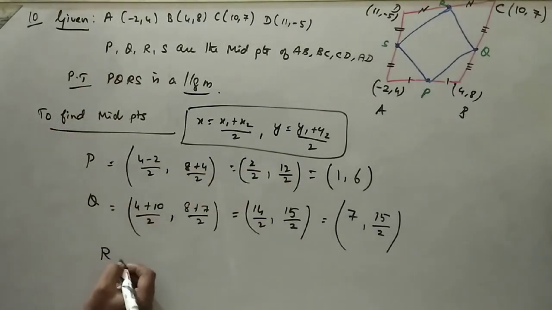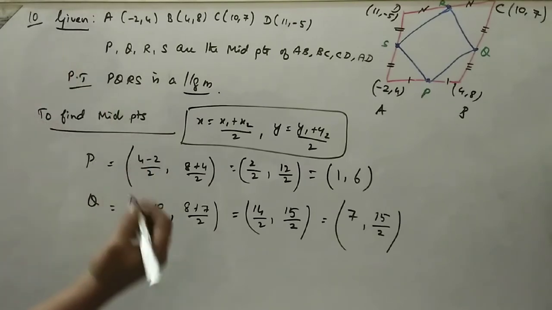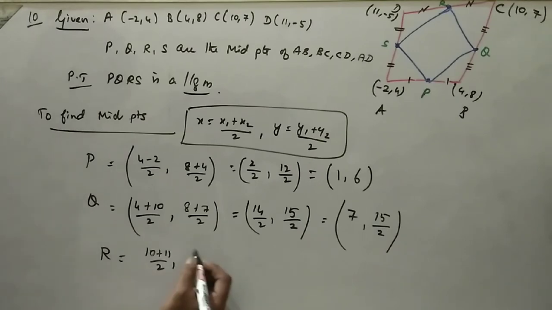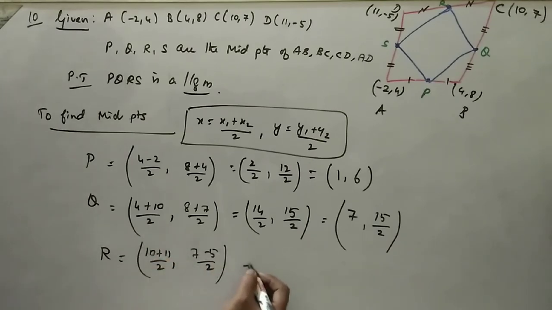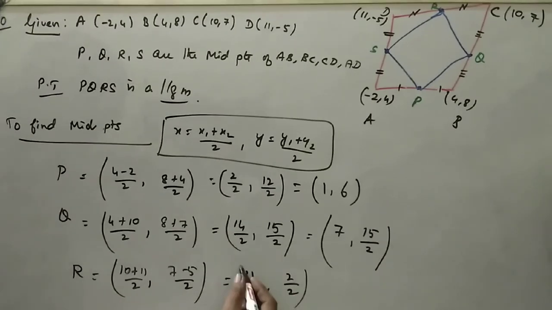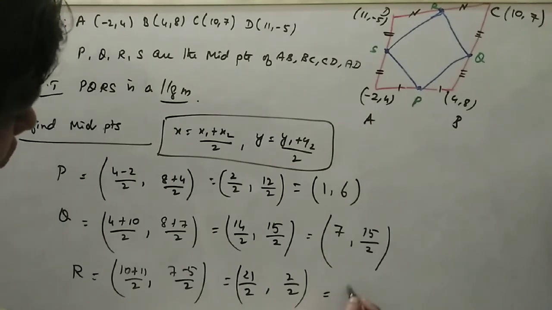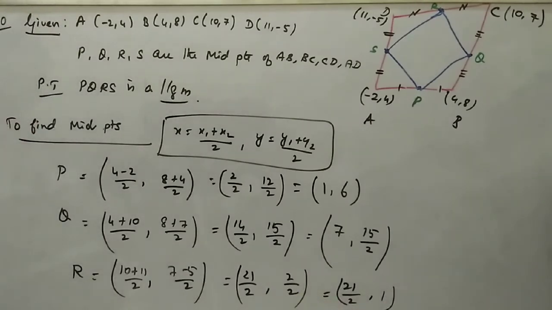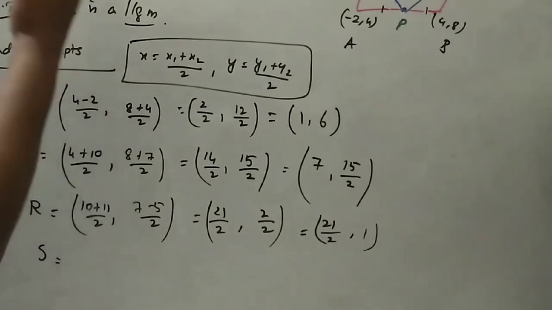Next R. (10 plus 11) upon 2 and (7 minus 5) upon 2. So you will get 21 upon 2 and 2 upon 2. So you will get 21 upon 2 and 1. This is the coordinates of R. Next we have to find out coordinates of S. Okay.